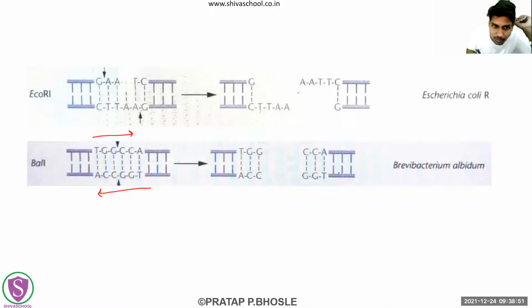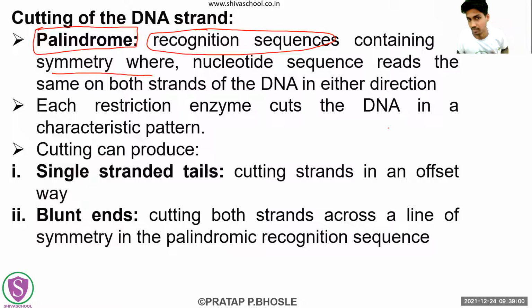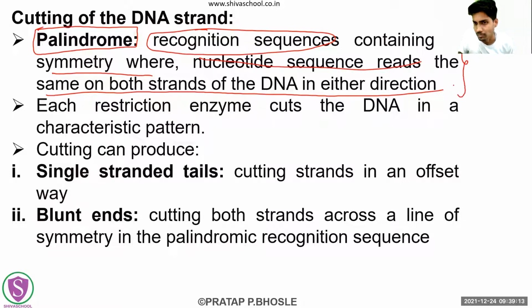Okay, such palindromic sequences are there. So the recognition sequence contains a symmetry, where the nucleotide sequence reads the same on both the strands. These kinds of recognition sequences are called palindromes. What are they called? Palindrome.